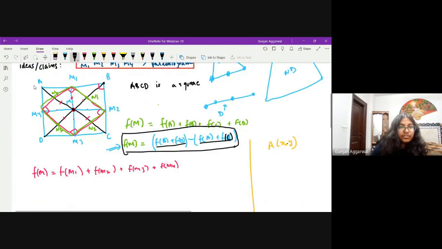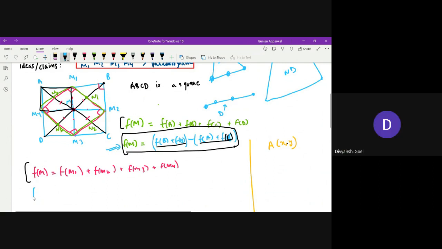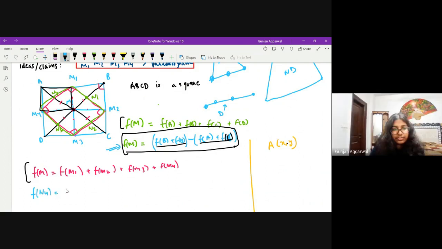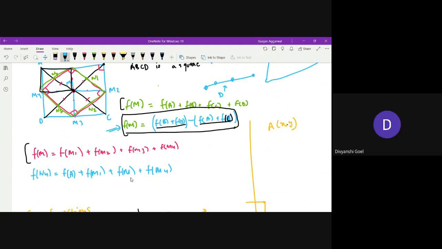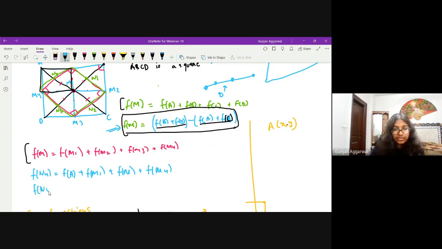Okay, so we have this thing, we have this thing. And if you look at this square, what equation do you get? f of A plus f of M1 plus f of M4 plus f of M equals f of A plus f of M1 plus f of M plus f of M4. Right? Yes, ma'am. Similarly, can you write 4 other equations?